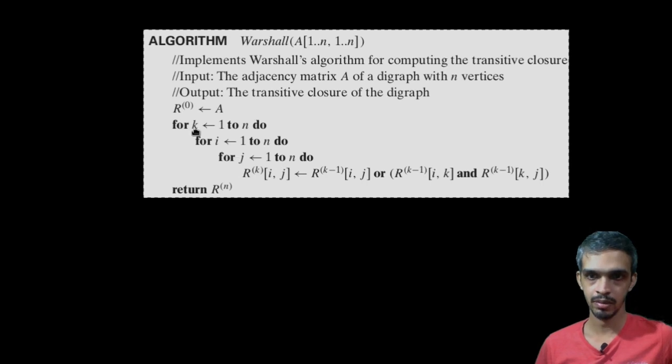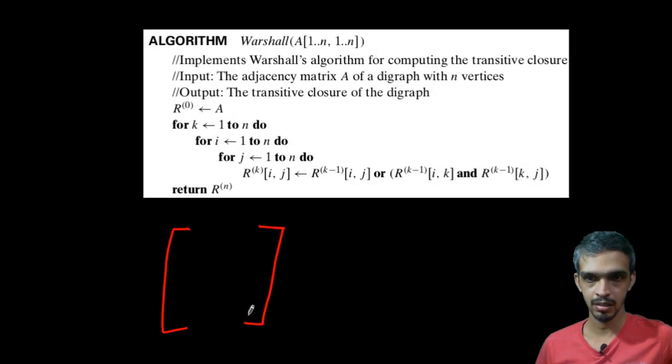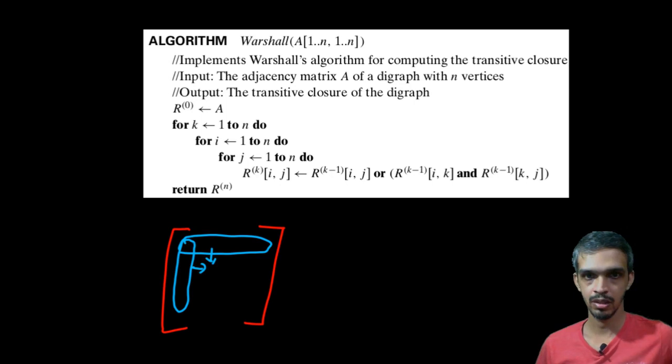So from R0 we will calculate R1. R1 of ij equal to, so in the case of R0 we select the first row and first column, then we will be updating the values at the intersection. For that, what we will be doing is we take the AND of these two values.